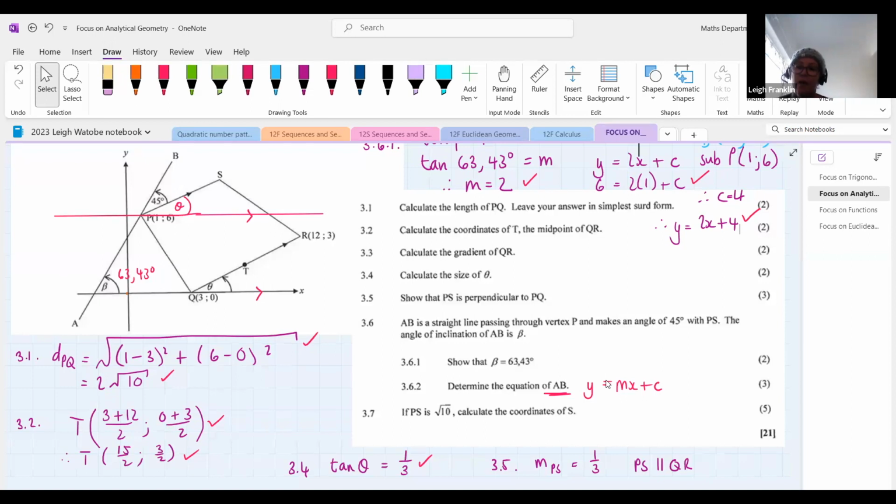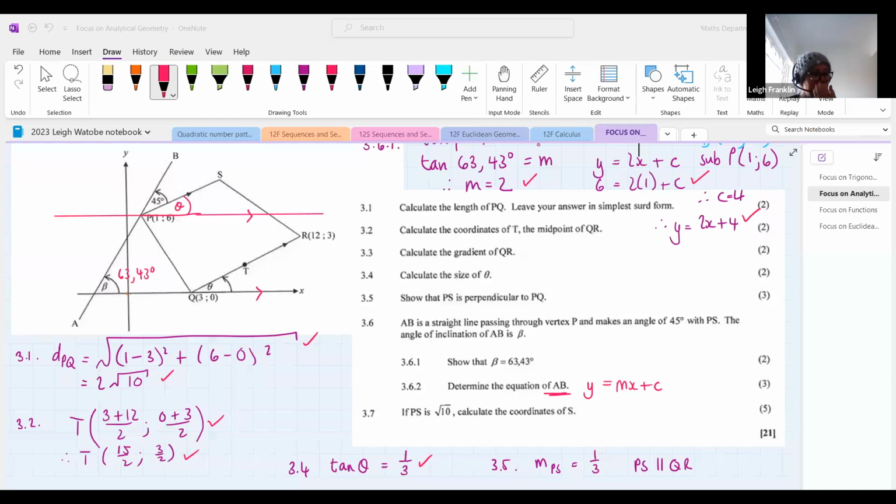Because they want us to calculate 2 different variables, what method do we have to use here in 3.7? That's it, Teddy. That's it, Lumelo. Good. They want a simultaneous solution.